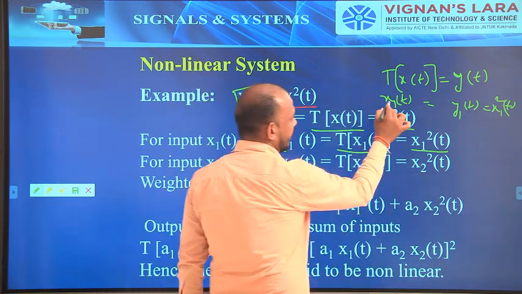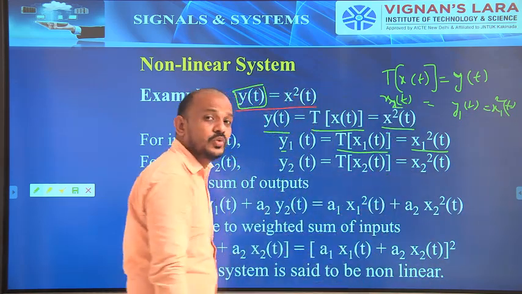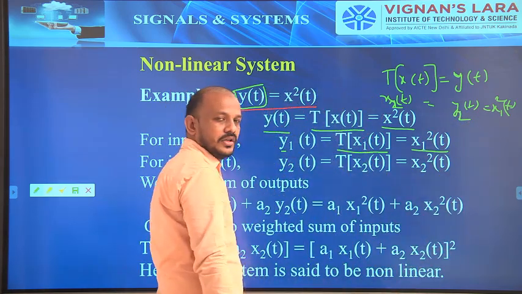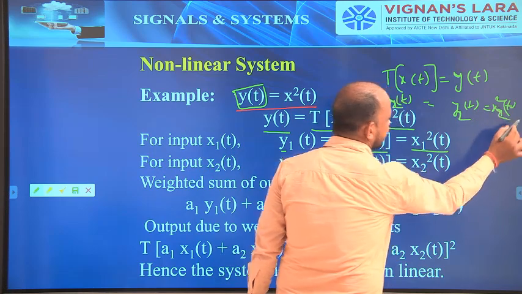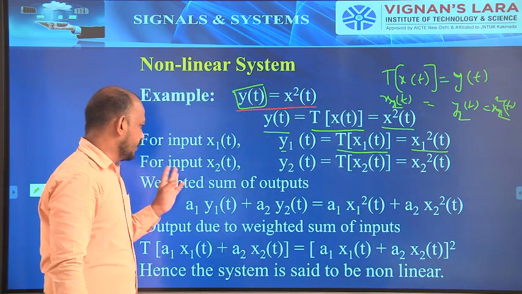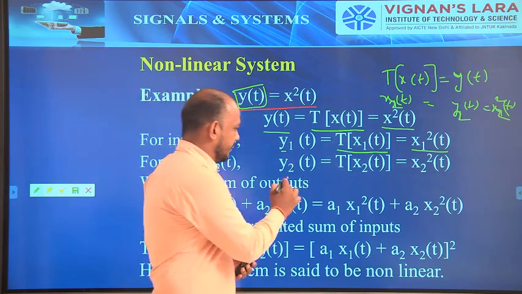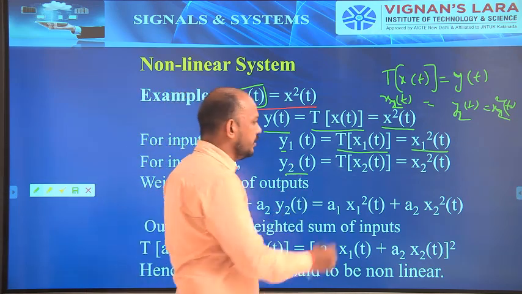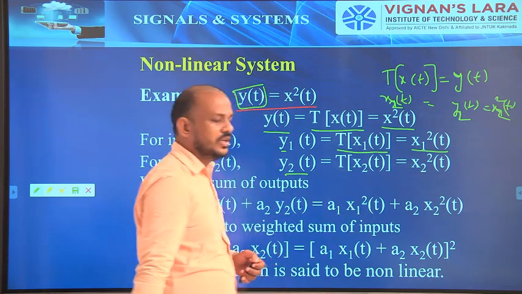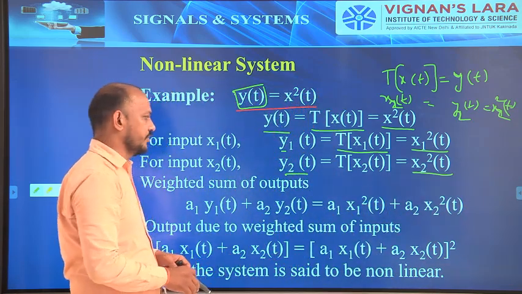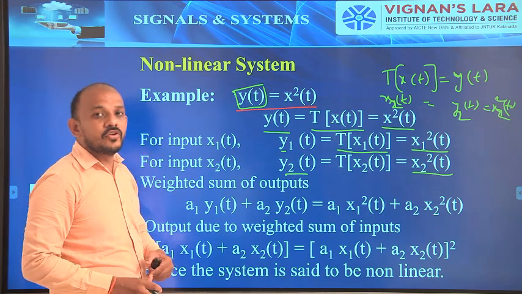In the second case I am taking another input x2 of t, so the output will be y2 of t, and the equation will be x2 square of t. So for the input x2 of t, the output y2 of t will be equal to the transformed version of x2 of t, which is x2 square of t. Now, the weighted sum of outputs.